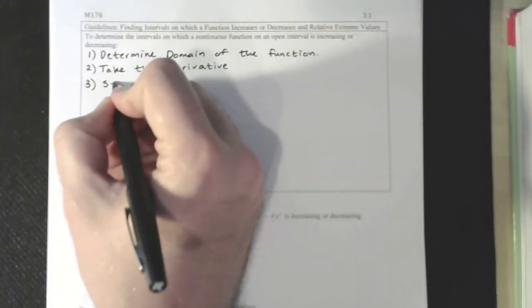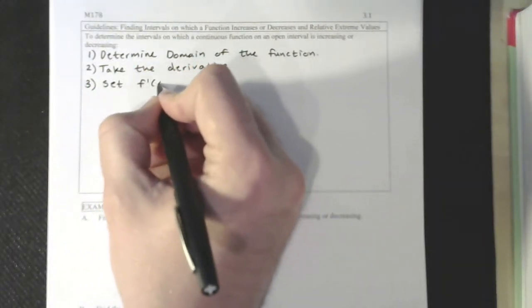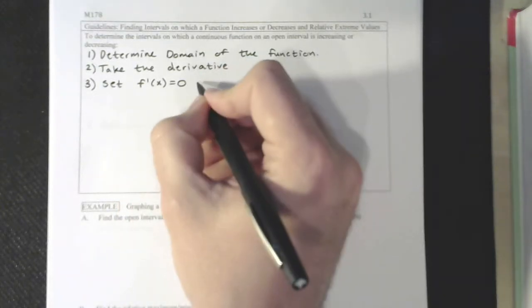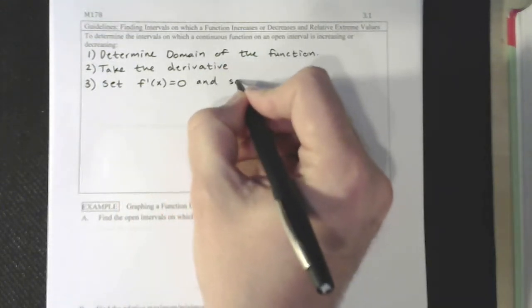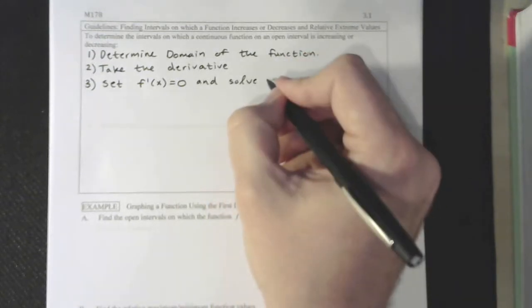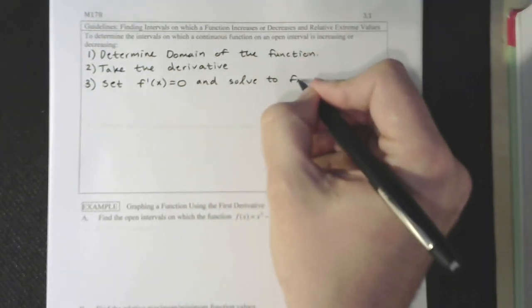Once we have the derivative, we set f prime of x equal to 0 and solve to find the critical numbers.